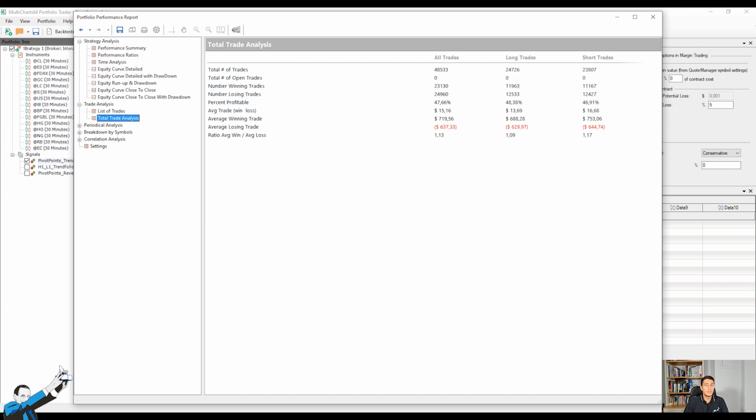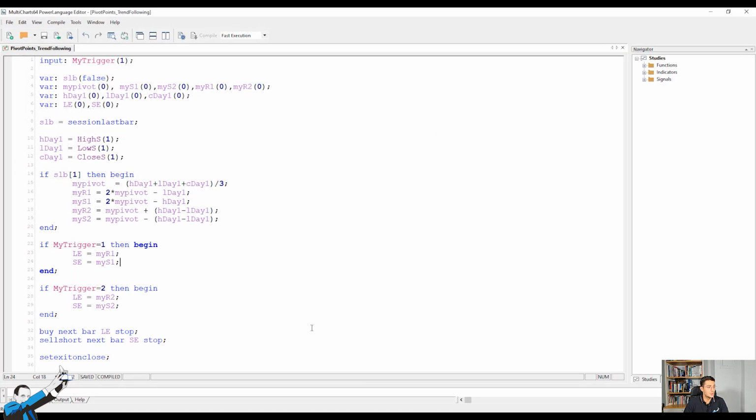So what if we decided to keep our positions open also after the end of the sessions? What happens if we remove the sell exit on close command and we just leave the trades open for more days? We can easily transform our strategy from intraday to multi-day by simply commenting out the sell exit on close command and pressing compile.